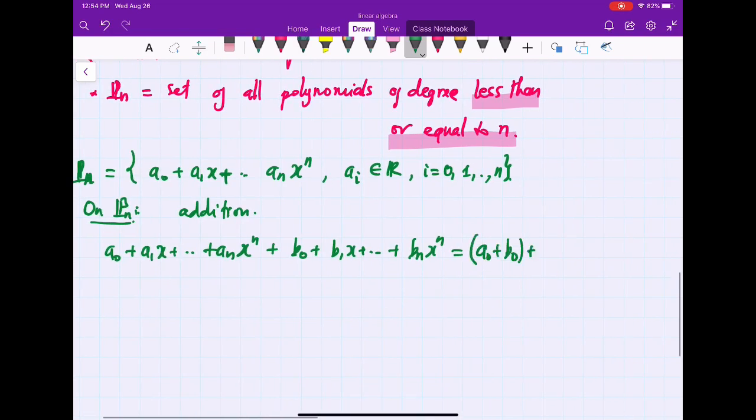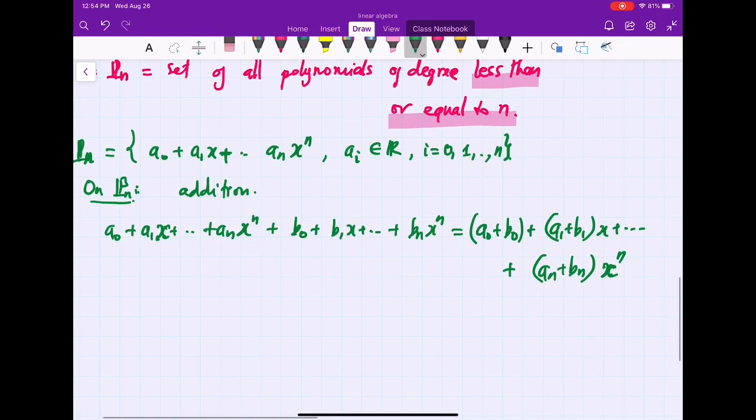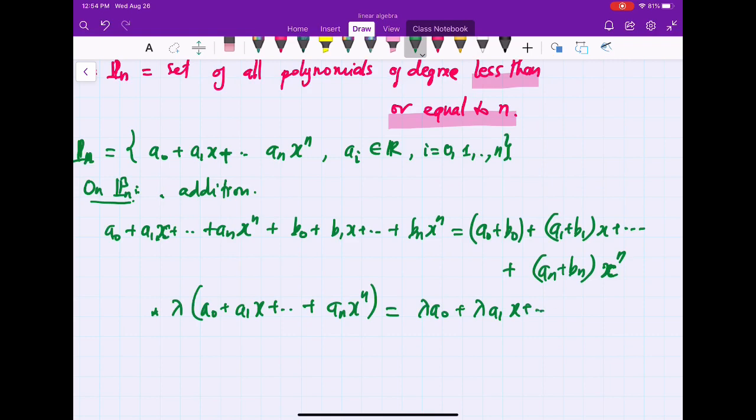You just add the corresponding coefficients of all terms, x and x squared and so on. So you have a1 plus b1 times x, so on, plus an plus bn times x to the n. So this is the standard addition, right? And the scalar multiplication is lambda times a0 plus a1x plus so on plus an x to the n, which is lambda a0 plus lambda a1x plus so on plus lambda an x to the n.